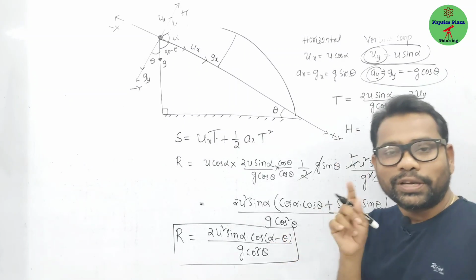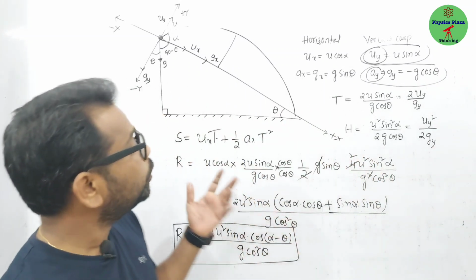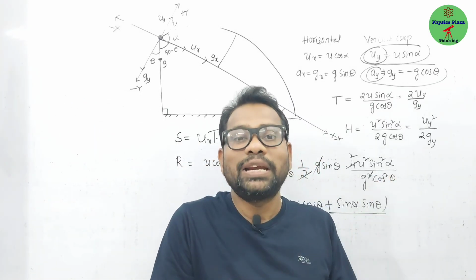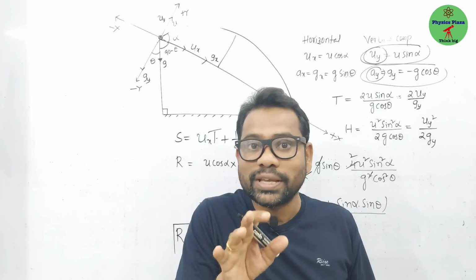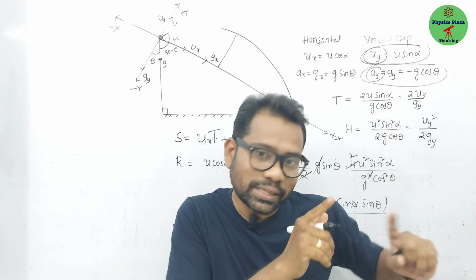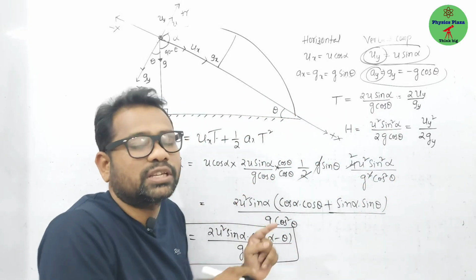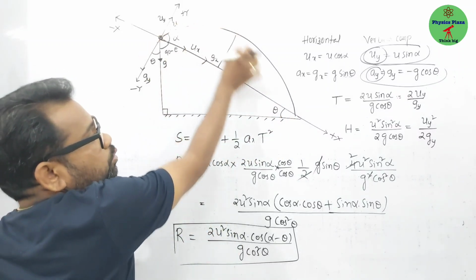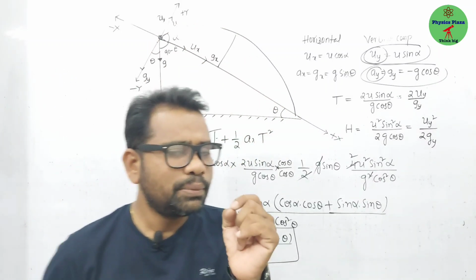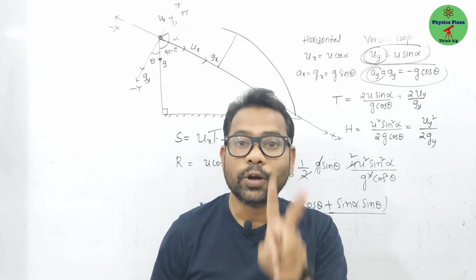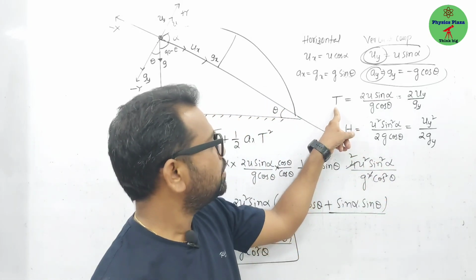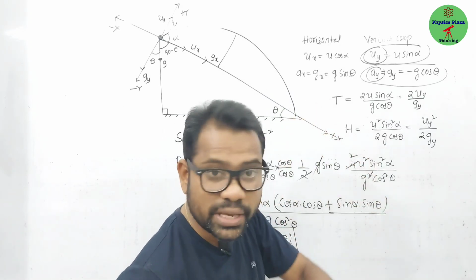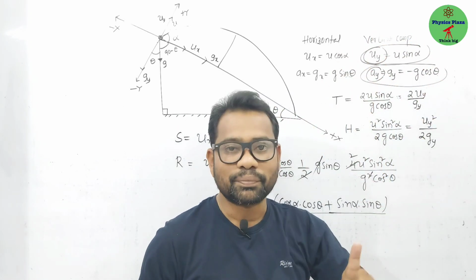Dear children, with today's class we completed projectile motion on an inclined plane. In this we have two cases. Previously we discussed the bottom to top case in the last class, and today we discussed the top to bottom case. One similarity is there in the two cases: the time of flight and the maximum height reached are the same, because in both cases the vertical components are the same.